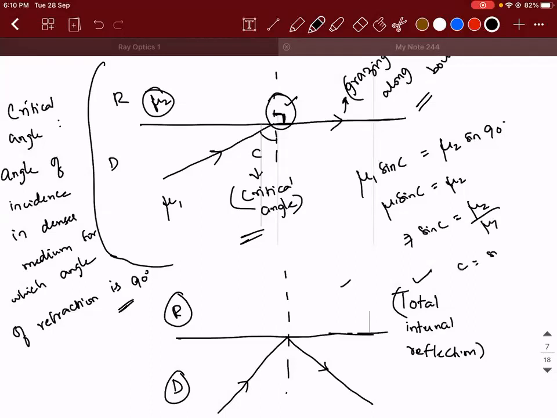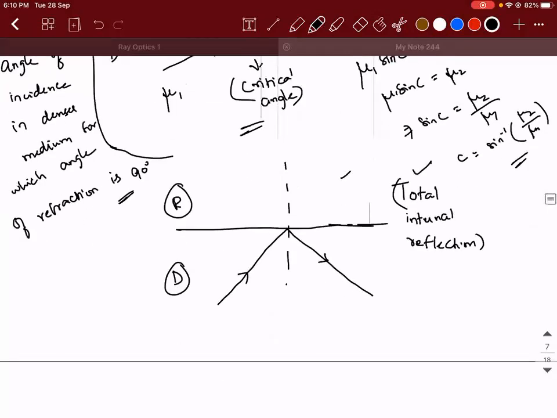So C will be sine inverse of mu2 divided by mu1.